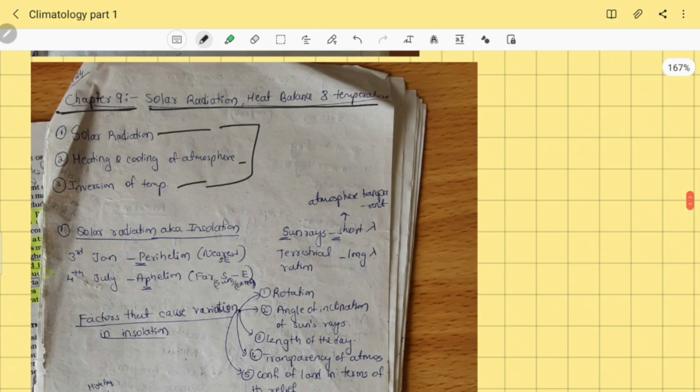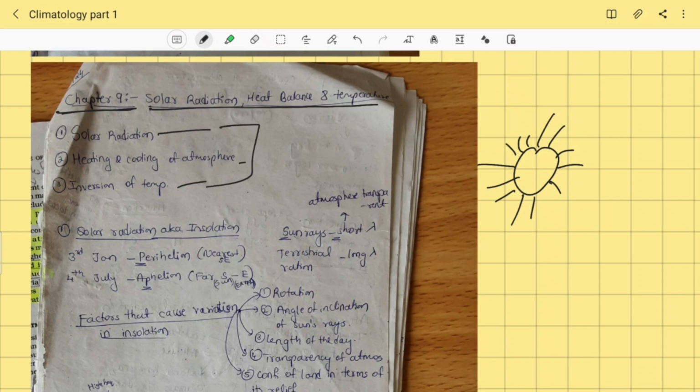See, we know that we have a sun and it emits energy, right? The energy that is received by earth is known as incoming solar radiation. In short, we say it as insolation, like aka, also known as, right?